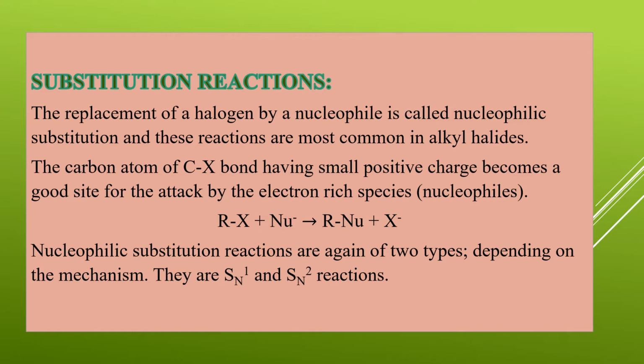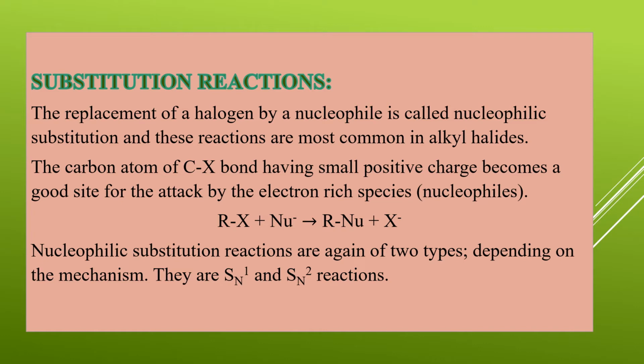As the carbon of the C-X bond in alkyl halides has a small positive charge, it is easily attacked by nucleophiles. Look at the reaction given below. RX, which means alkyl halide, plus Nu minus. Nu minus means it is a nucleophile, which is electron rich.